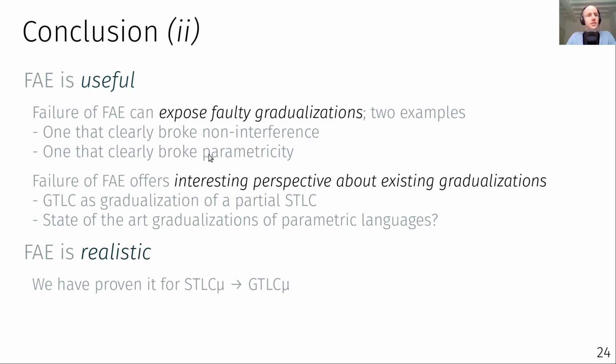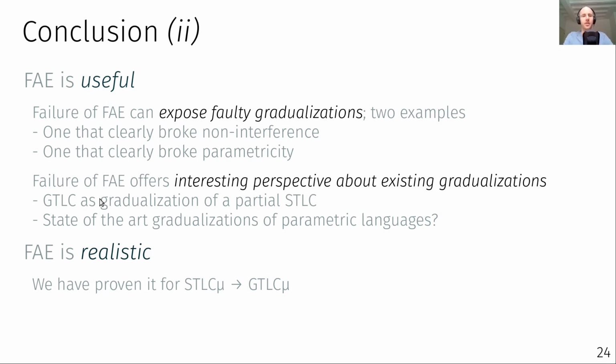We saw that FAE is useful. Indeed, failure of it can expose gradualizations that are clearly faulty. We had the one that broke non-interference and the one that broke parametricity. We also saw that failure of FAE can offer some interesting perspectives about existing gradualizations. So we saw indeed that GTLC might be more amenable as a gradualization of a partial STLC as opposed to total STLC.